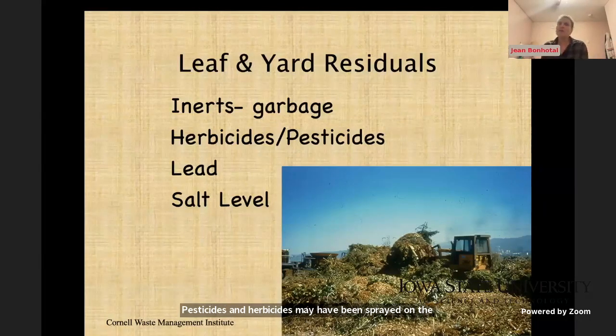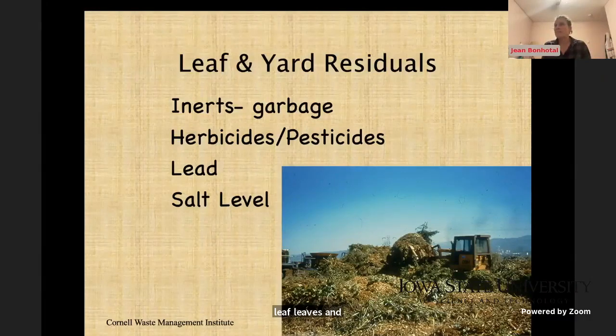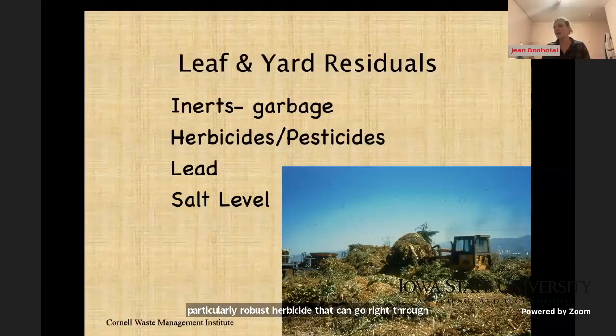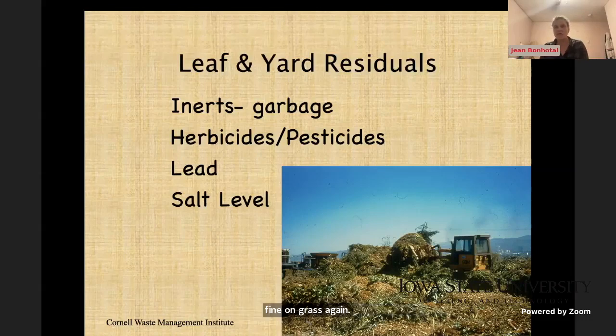And we have a particularly robust herbicide that can go right through the whole composting process, can go through an animal, can go through the composting process, and can be applied to land and kill some of your plants or give you really negative results, because they're fine on grass, but they're not fine on any of your broadleaf plants.